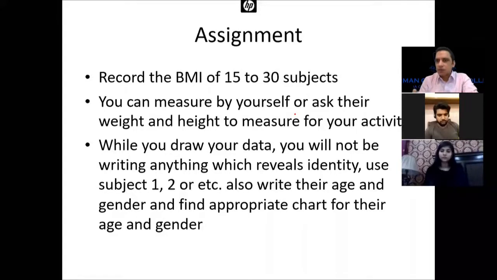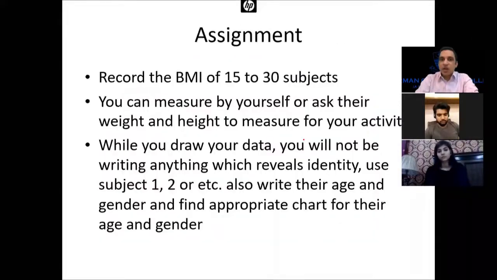Something like that. So whatever your data, you are not supposed to expect anything. You just need to generate data, and whatever the data is telling you, you need to write those lines about your data. Okay, so this is the first thing you need to know about the BMI.